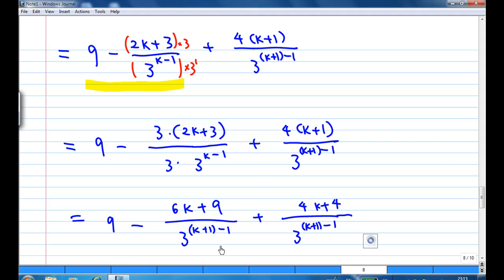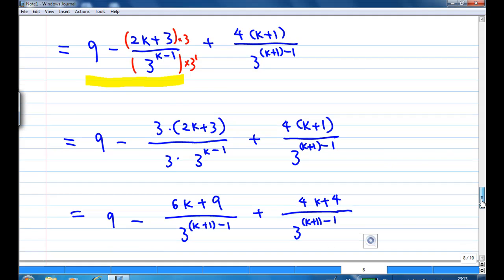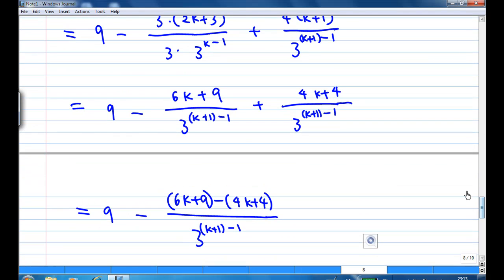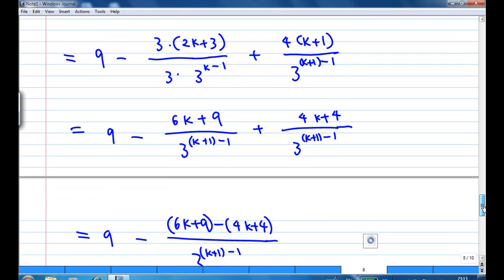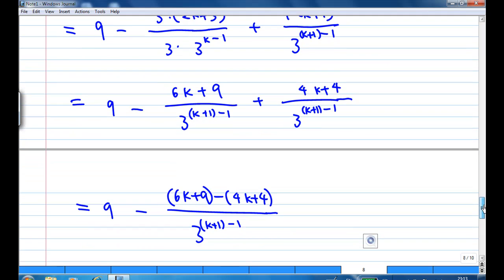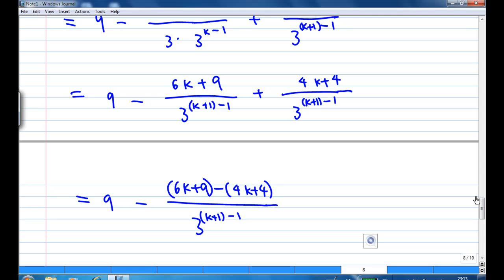Now, the second term and the third term have a common denominator. So you can combine them to become 9 minus 6k plus 9 minus 4k plus 4, because the last term 4 times k plus 1 is 4k plus 4. So we can combine them this way.